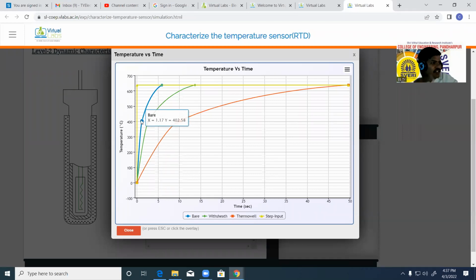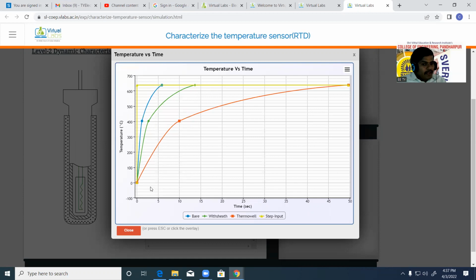Note that we are designing by using this. If the element is used without sheath or thermowell, the platinum material can be used up to 402 degrees, bare material, time constant 1.17, used up to 402 degree Celsius.